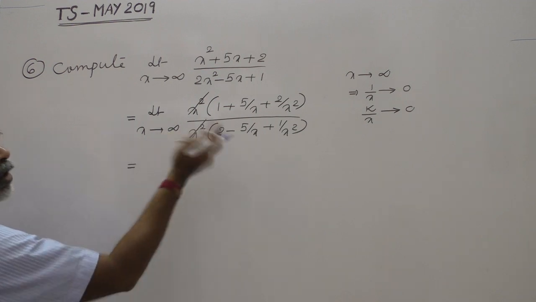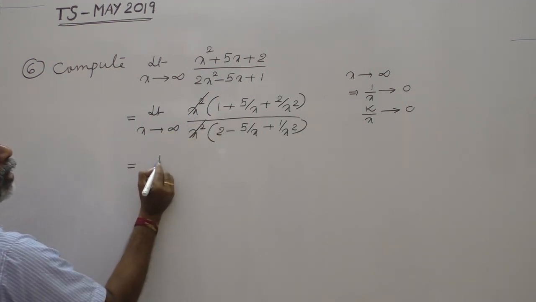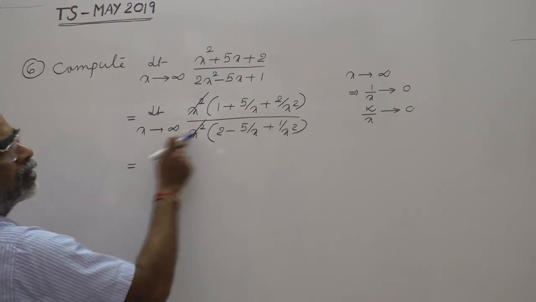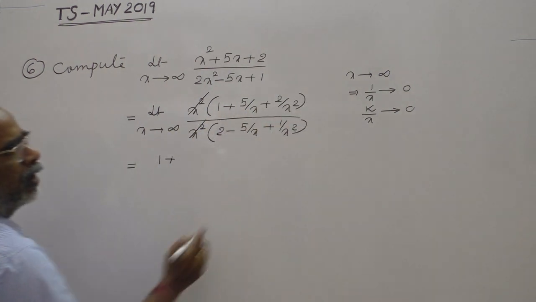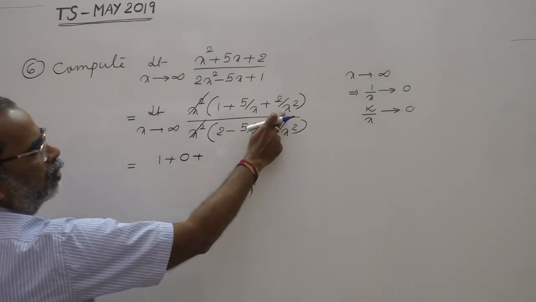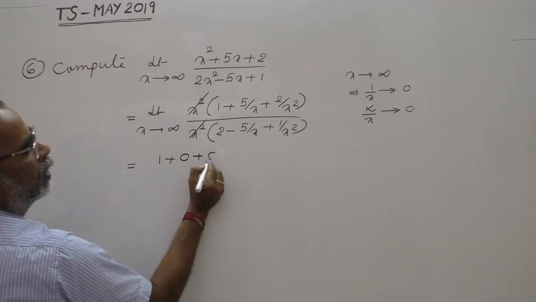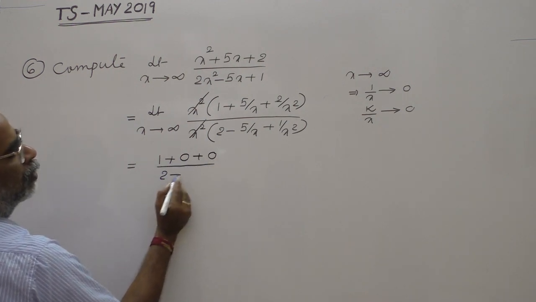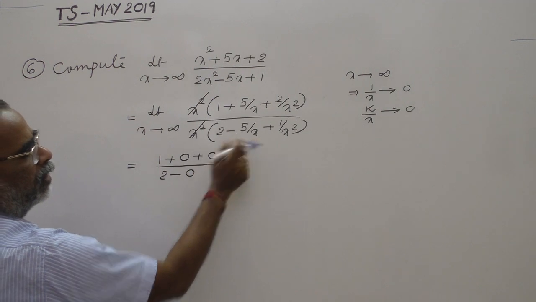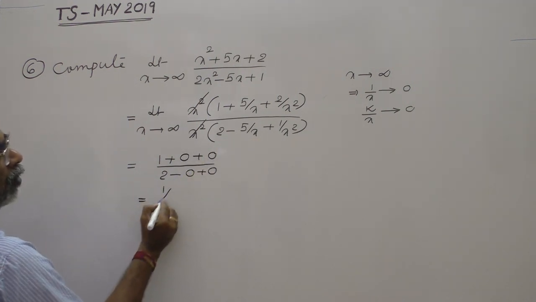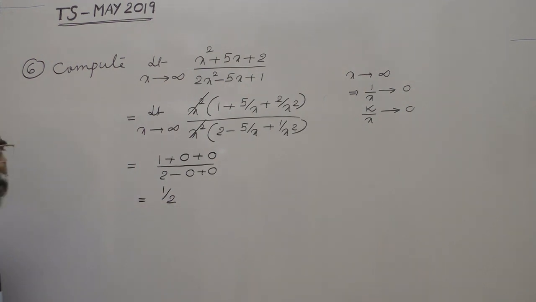Therefore, if I substitute the limit, 1 is a constant number. 5/x, when x is tending to infinity, something by infinity is 0. Here also x is tending to infinity, something by infinity is 0. 2 − 5/infinity is 0, something by infinity is 0. Therefore, the limit value is 1/2.